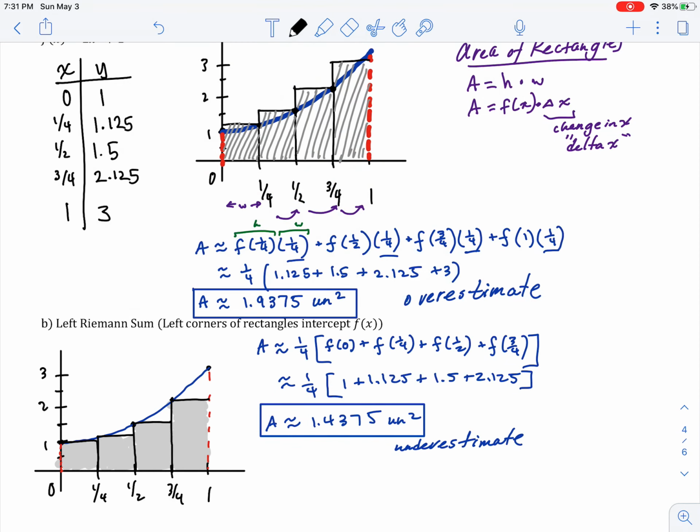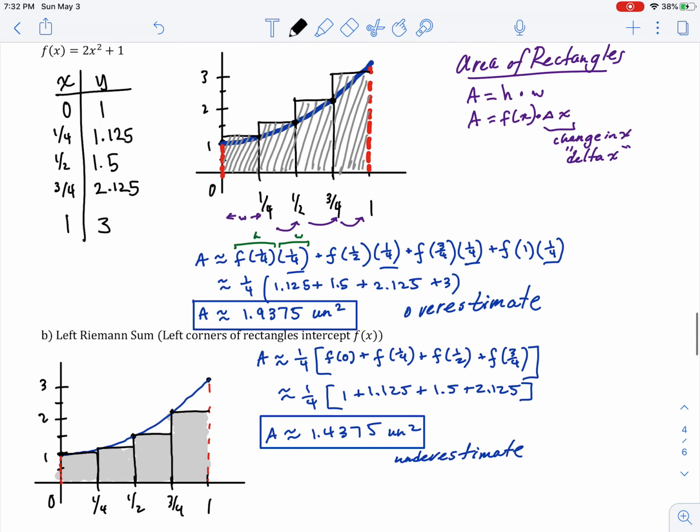So far we've figured out two different ways of coming up with an estimate for the area underneath this curve of this function using geometric shapes that we do know the formulas for. So then the question could be, well, how could I improve my estimate here? What could I do to improve my estimate? Think about that for a second.